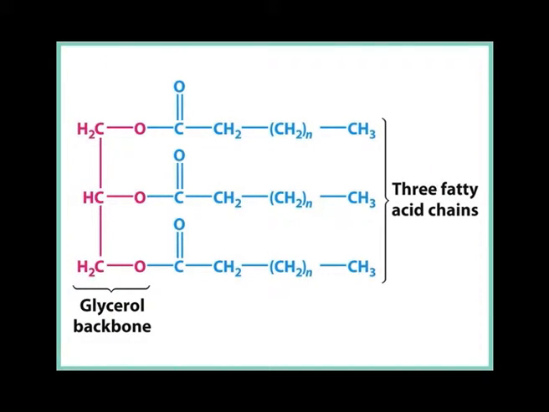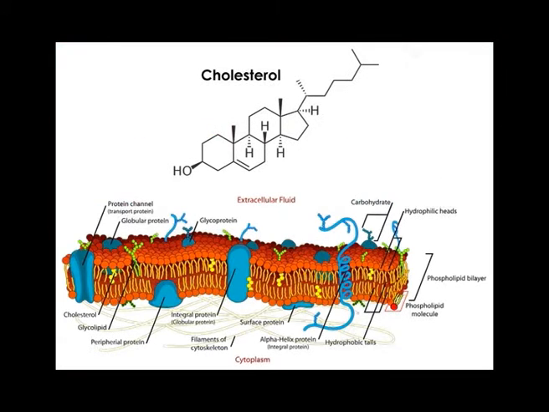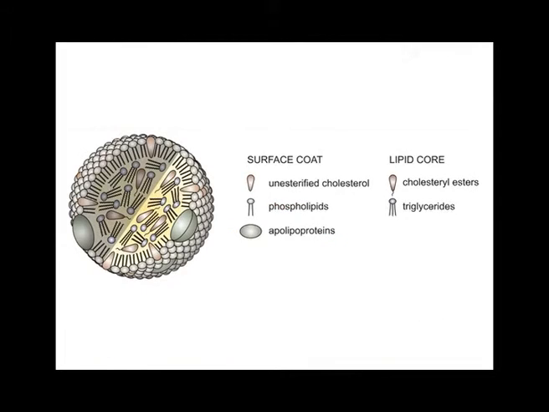Triacylglycerol is the predominant lipid in chylomicrons and VLDL, whereas cholesterol and phospholipids are the predominant lipids in LDL and HDL respectively. Lipoproteins consist of a non-polar core and a single surface layer of amphipathic lipids.